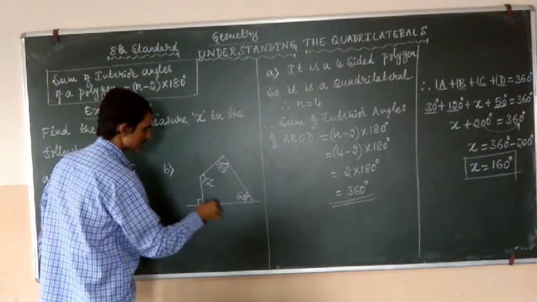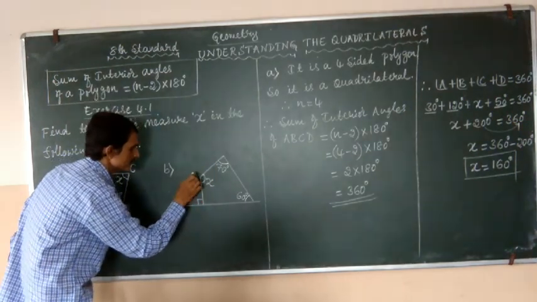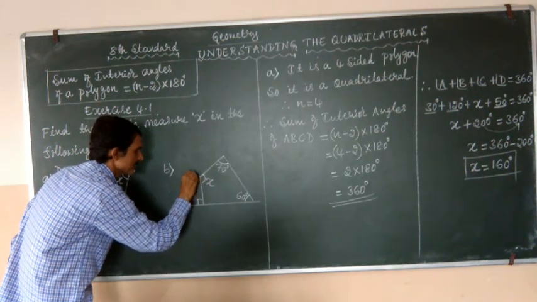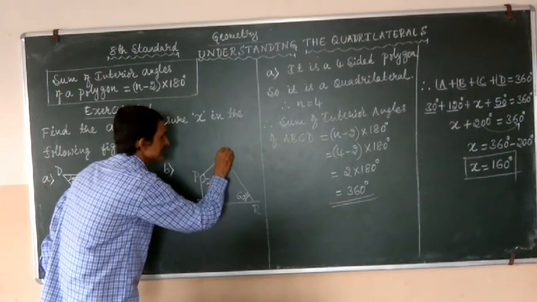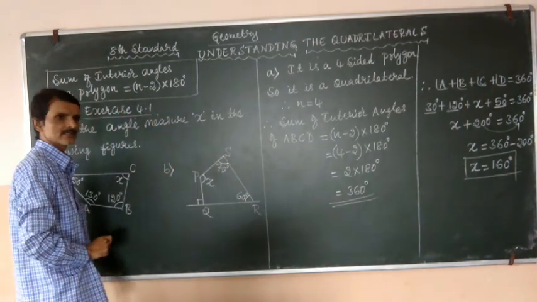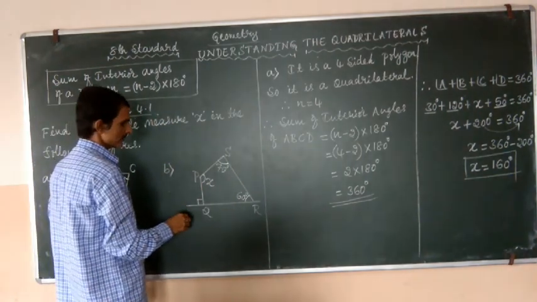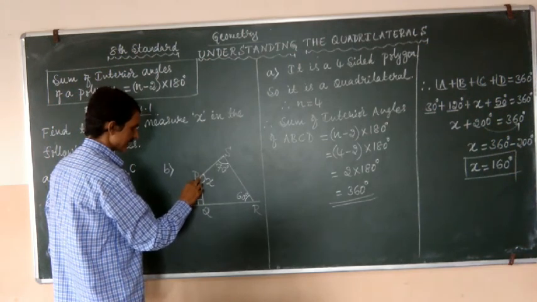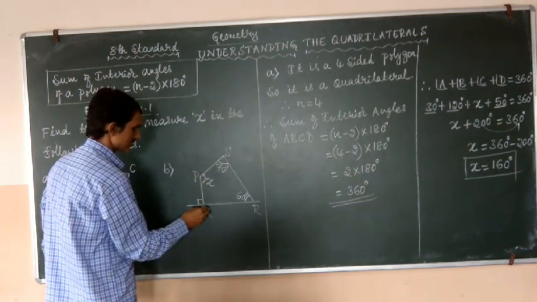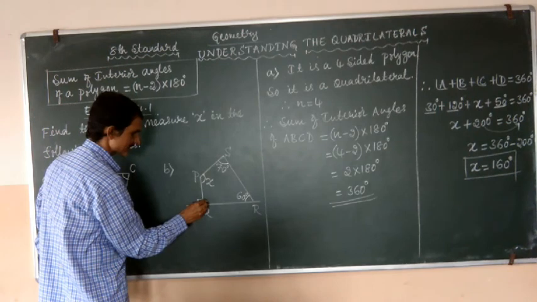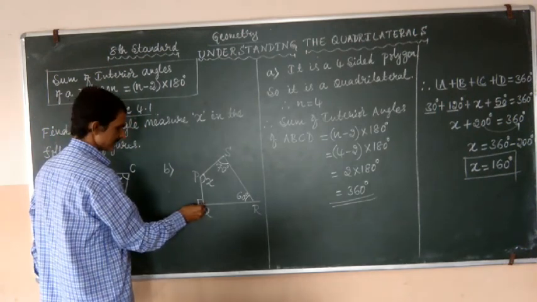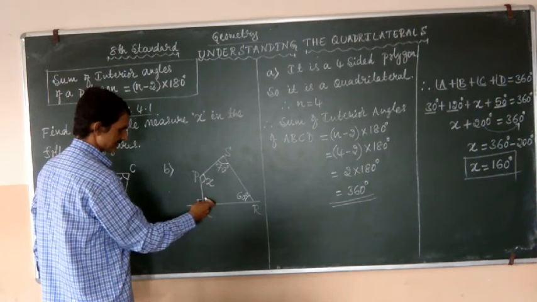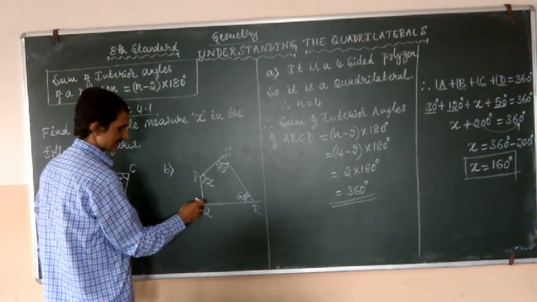In this problem, name the angles P, Q, R, S. In this, the angle PQR should be 90 degrees, because here the exterior angle is 90 degrees.